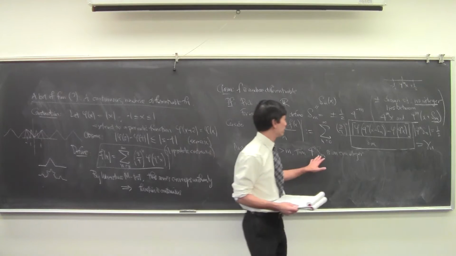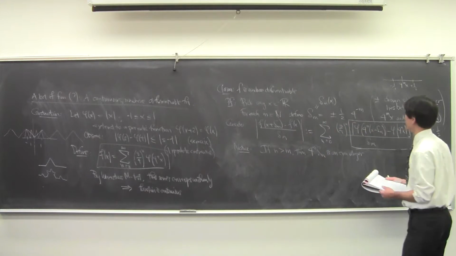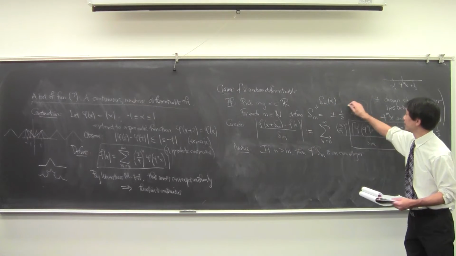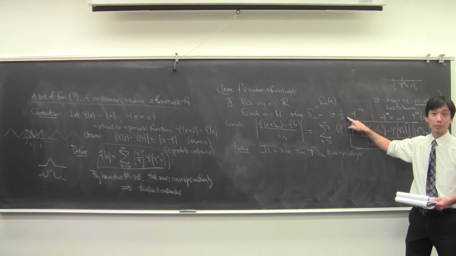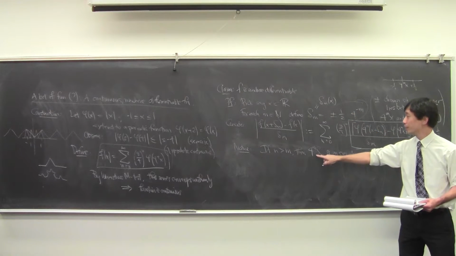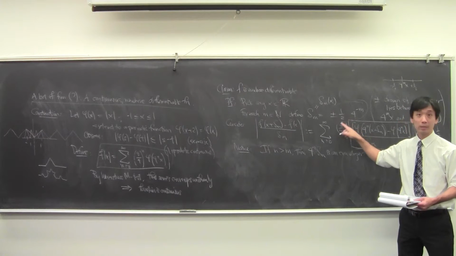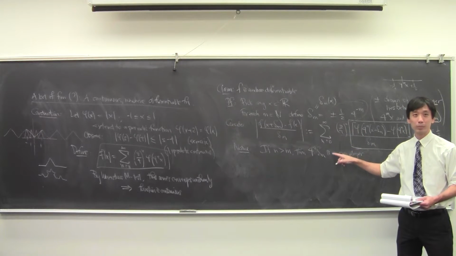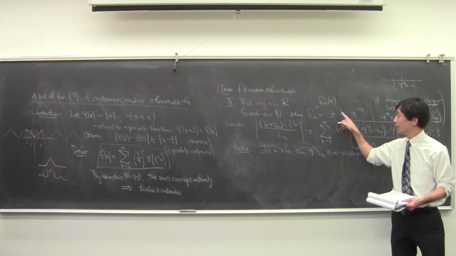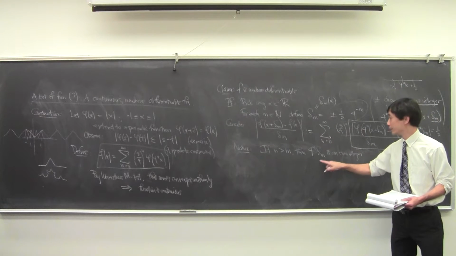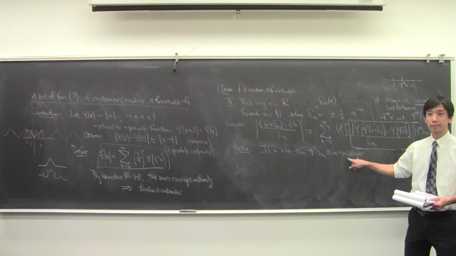Remember, delta is 4 to the negative m times plus or minus a half. So you get some power of 4 times a half. So it's going to be some positive power of 4 times a half. So it's going to be an even integer.